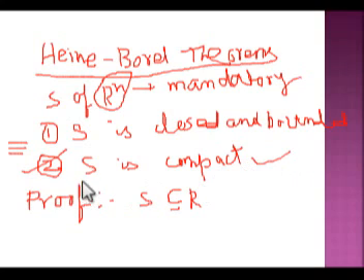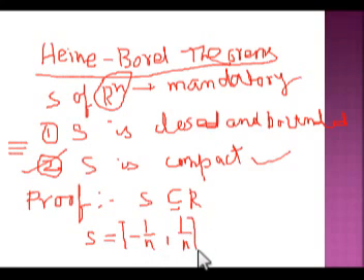To illustrate, I am giving S through intervals, which is easy to prove with: S is equal to the union of the intervals (minus 1 by n, 1 by n), where n belongs to the natural numbers.